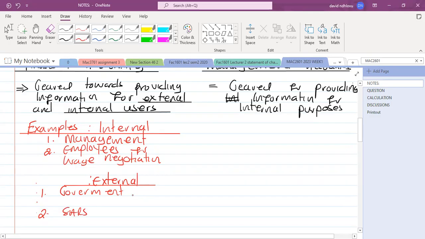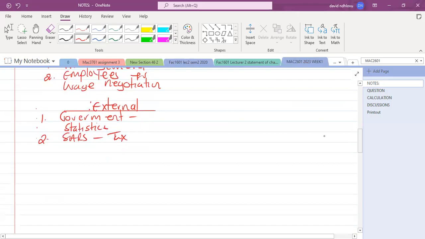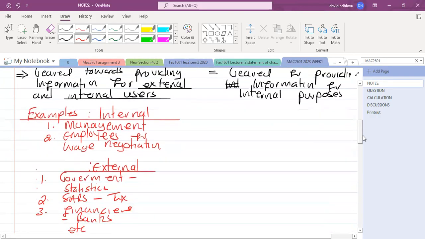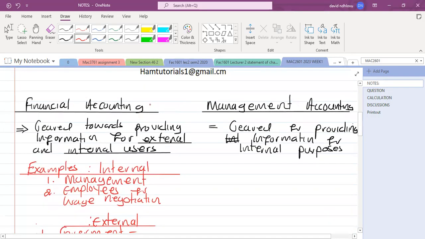The government obviously for statistics, SARS for taxes. You have such entities as financiers, such as banks. When you go to the bank to ask for funds to fund your business, they want to see if you are making profits or not, etc. All these entities are interested in the financial statements of the entity, and the financial accounting function takes care of them.